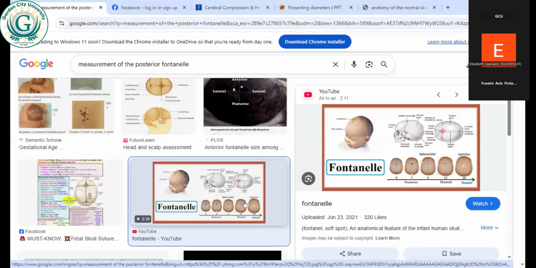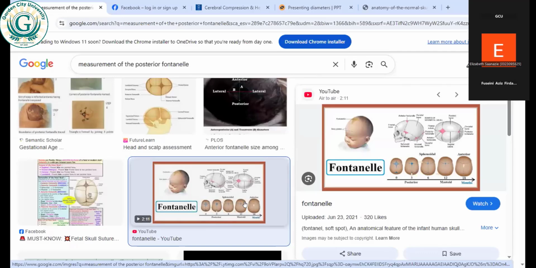Then we talk about the regions and landmarks of the fetal skull. Divisions are 3 and regions too are 3, so please do not confuse yourself. The divisions are the face, the vault, and the base.